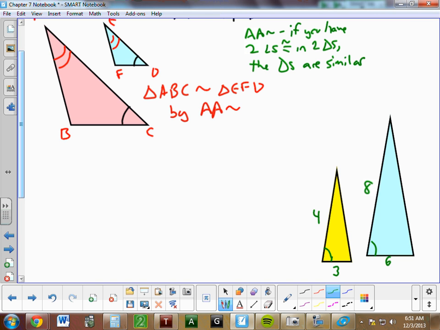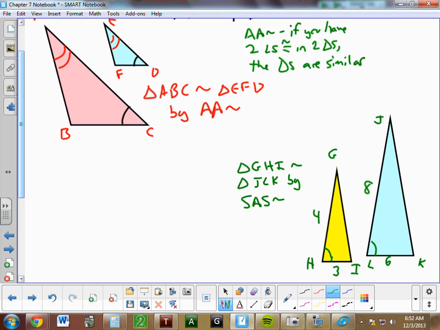So I could label these and I could write a similarity statement that shows that these are similar to each other. So I would be able to say that triangle GHI is similar to triangle JLK by side, angle, side similarity.